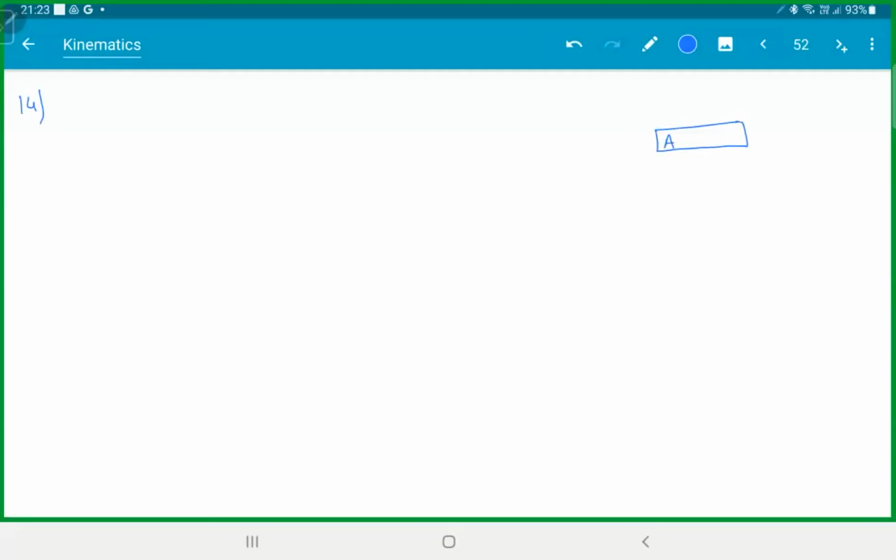So we have a train here, and we have a point, and we have a person here. Let's say the train's acceleration A is equal to 2 meters per second square.